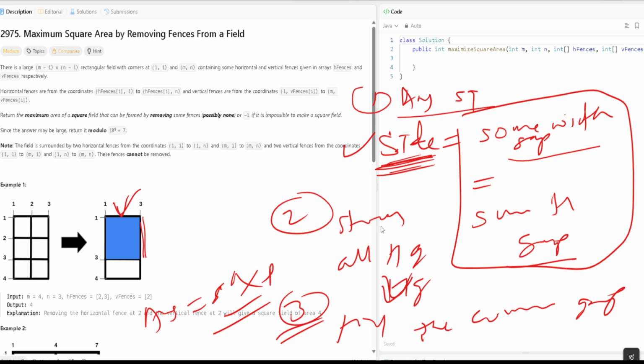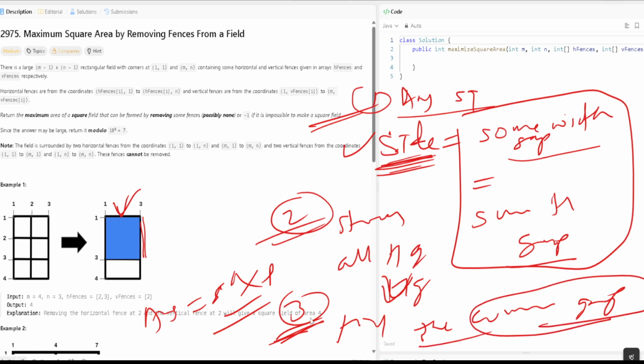So in three steps: first find the side, then store the horizontal and vertical gaps, and then find the common gap. Once you know this is your gap, you multiply gap into gap, and that is your answer.